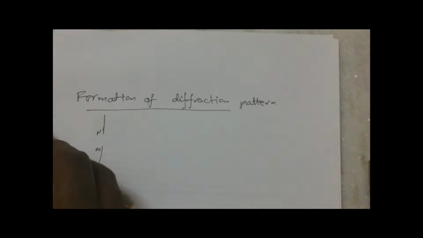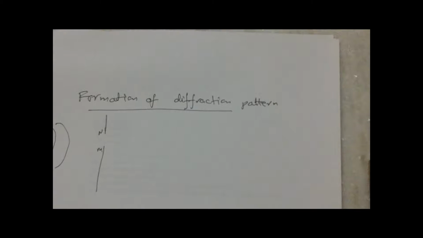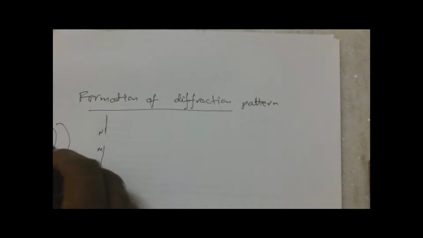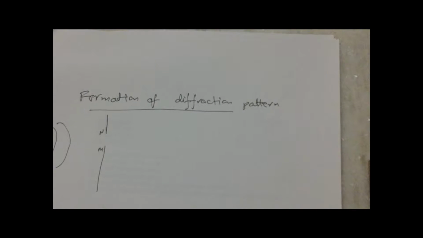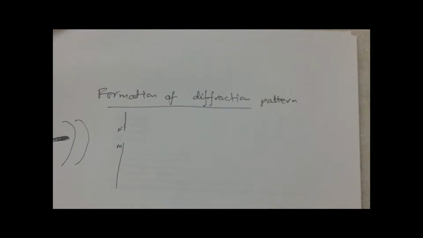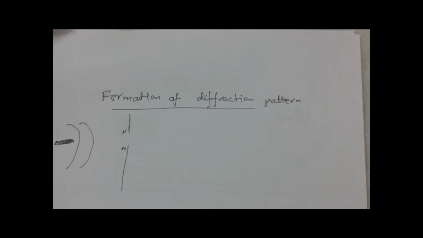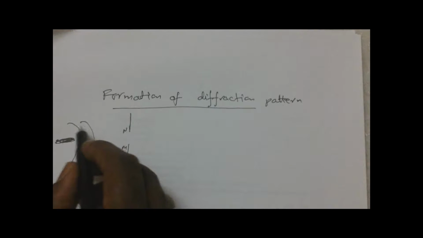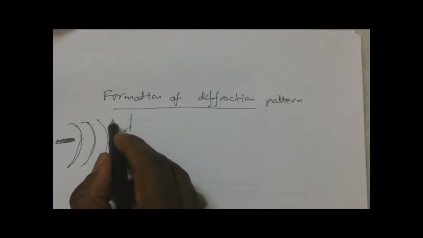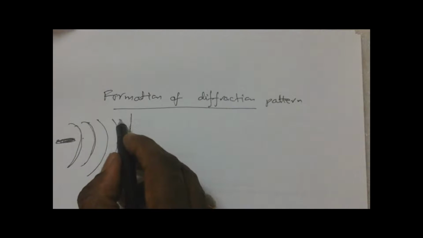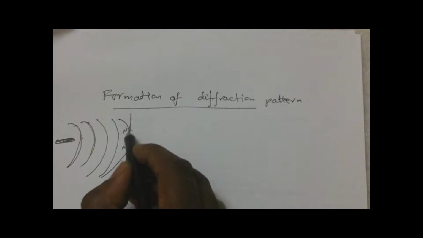So what is happening, the light ray is coming like this from the source, as spherical wavefronts or cylindrical wavefronts. These wavefronts are falling on the slit here.